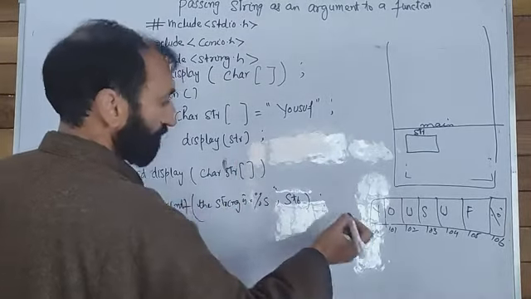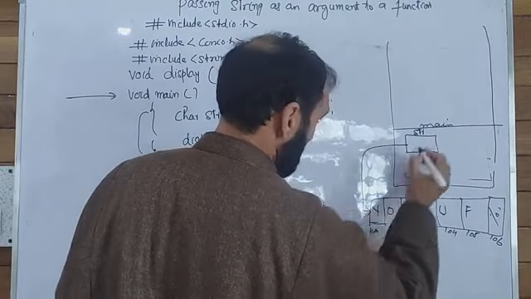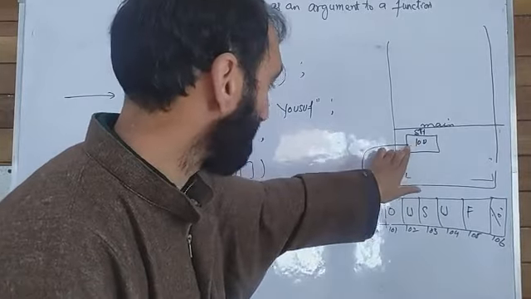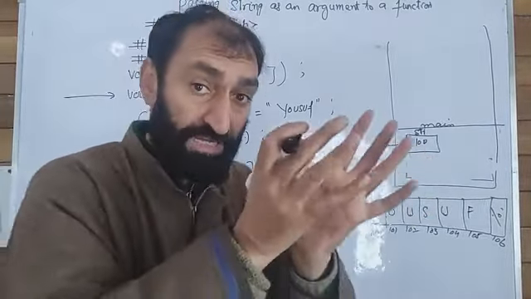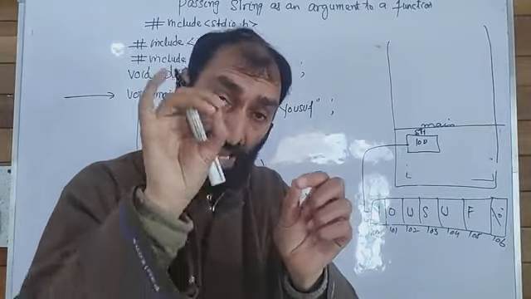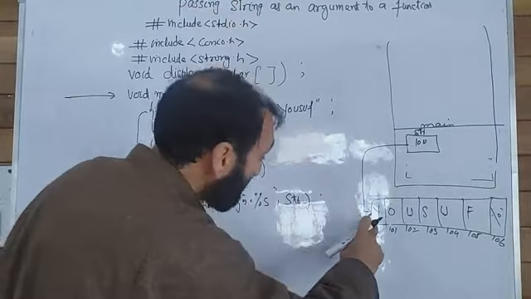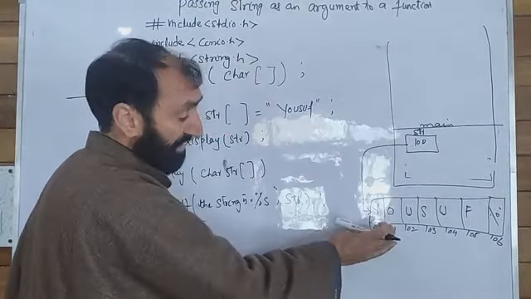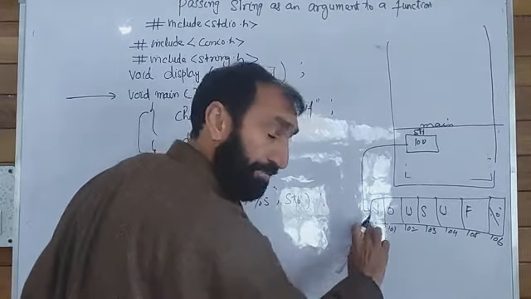After that, str contains the base address of the string. What is str? Str is the name of the string, and we know that the name of the string contains the base address of the array, that is, the address of the first byte.